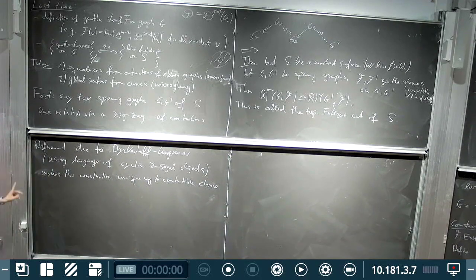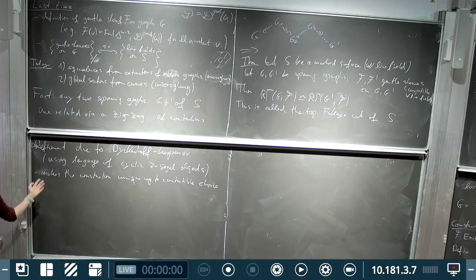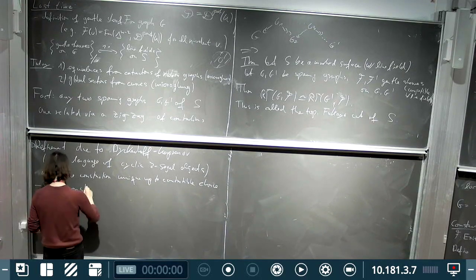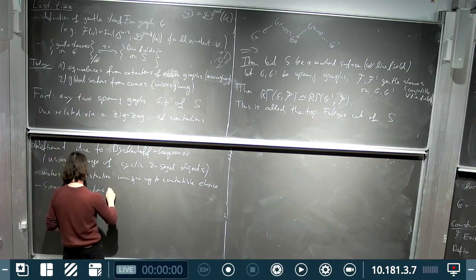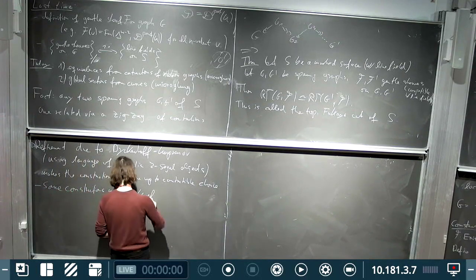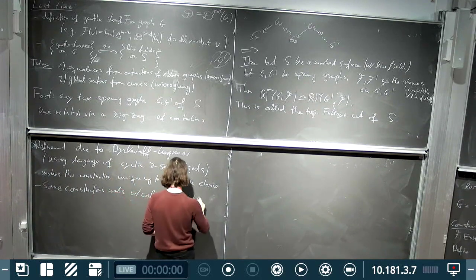Okay, then a few remarks. We have been working over a field. The same construction also works over any base, with coefficients in any stable infinity category.